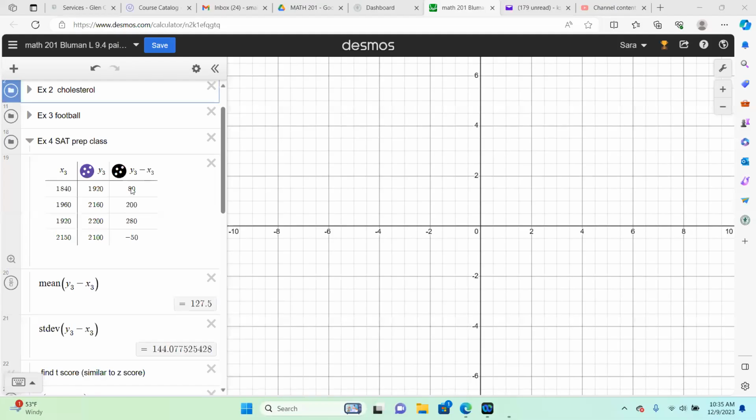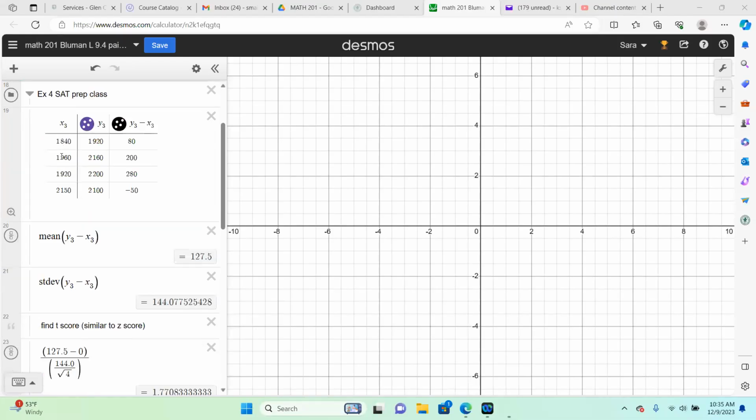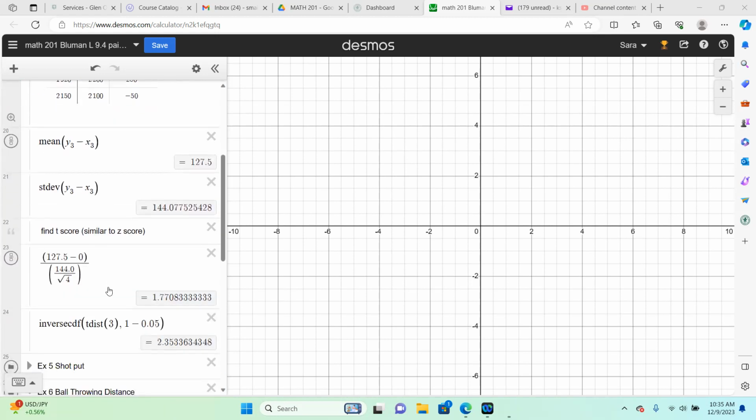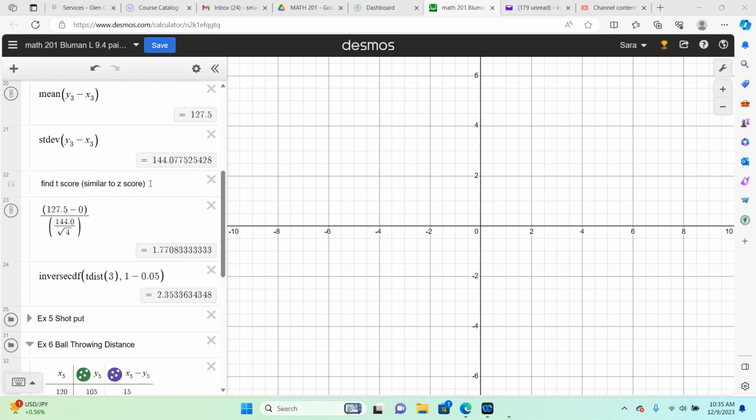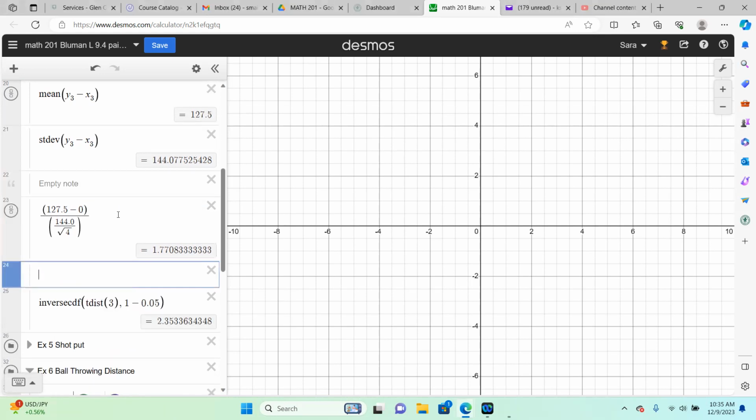Okay. So here are my befores, my afters, and then I subtracted my after minus my before and got the mean and the standard deviation. I found this is the t-score here.